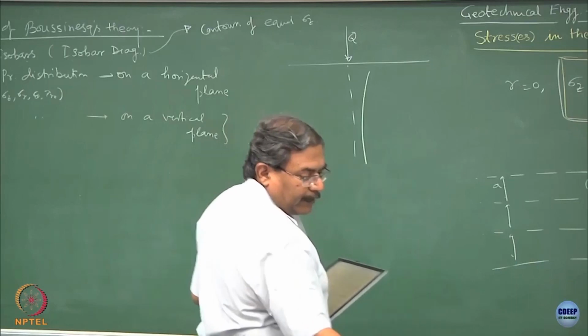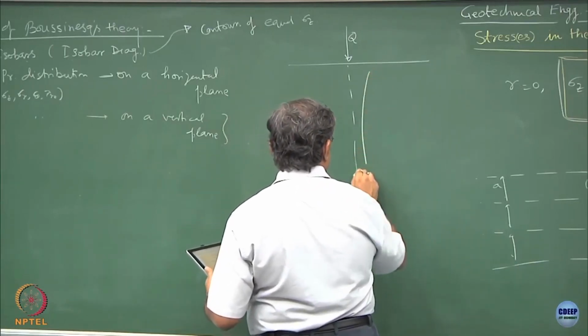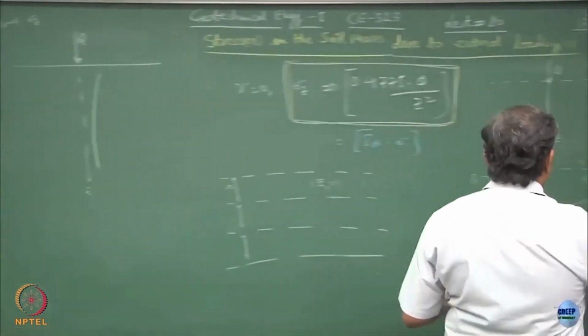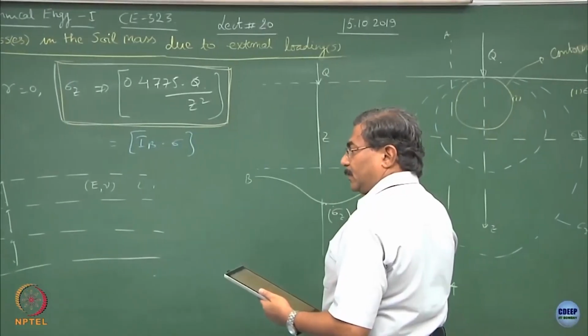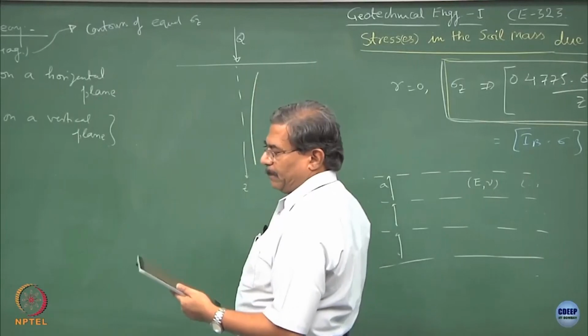Starting from a very high stress value, the sigma z is decreasing as z increases. So, this becomes the variation on a horizontal plane, this is the variation on a vertical plane.